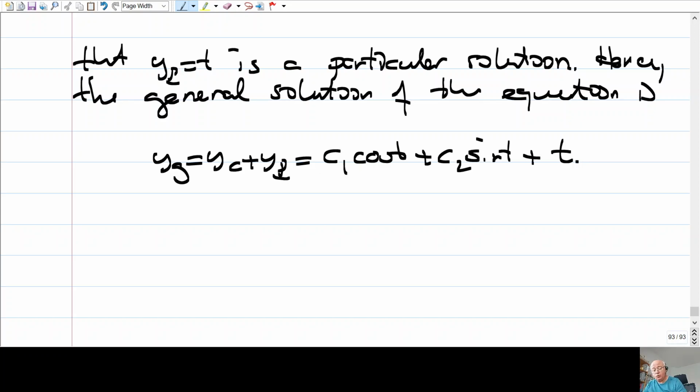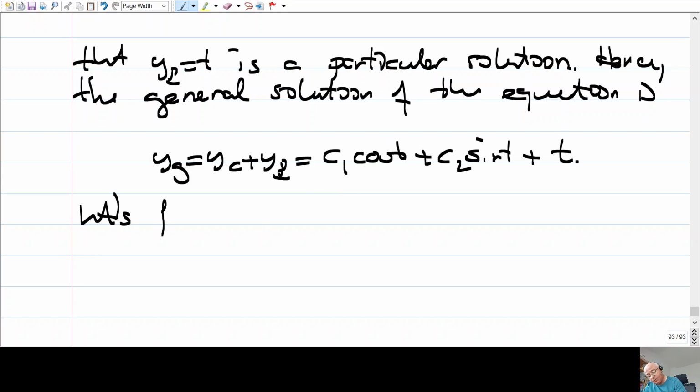If I wanted to solve an initial value problem, then I would use the initial conditions to figure out these coefficients. Let me also continue this example and solve an initial value problem.